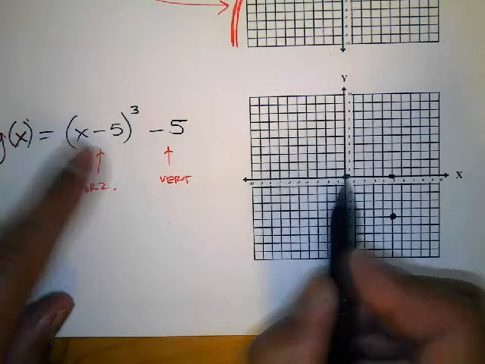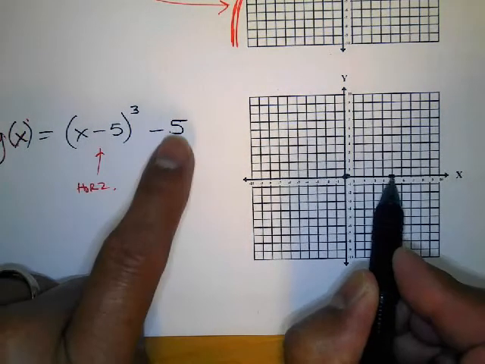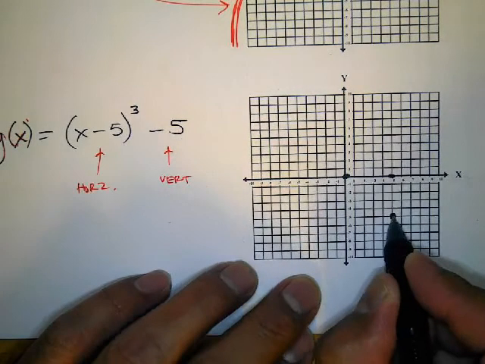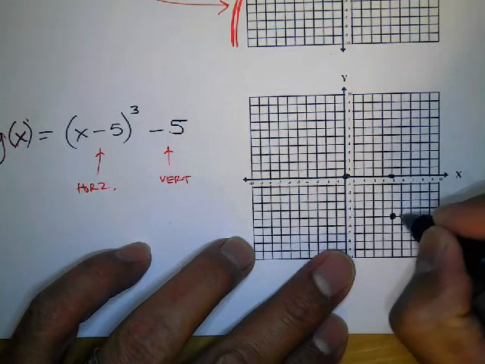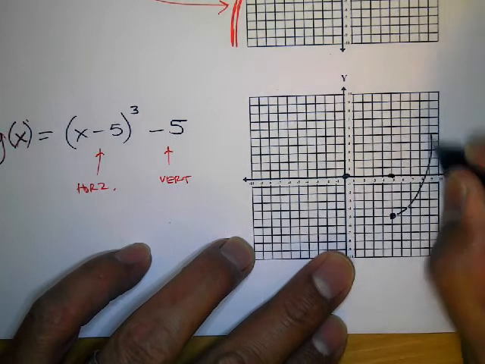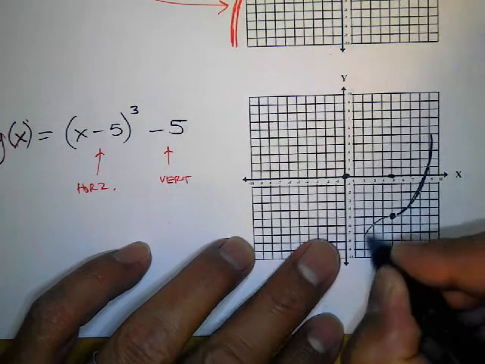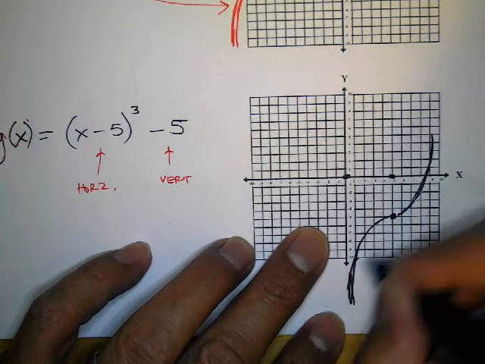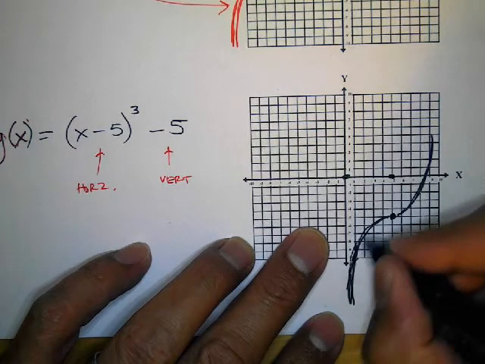Okay, so you did the horizontal shift, but not to negative 5, positive 5, and then from there down 5 because of the vertical shift. That's it. That's the resting spot. And then you draw your cubic function, half of a U going this way, and the other half turning out this way.